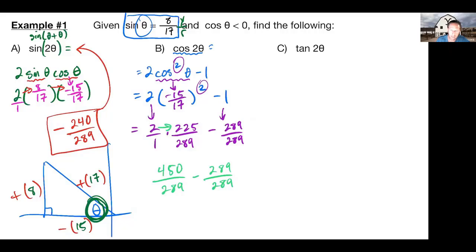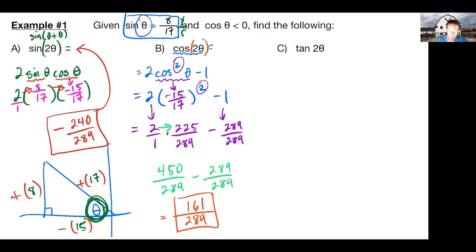And now when I subtract that 1, which is 289 over 289, I get 161 over 289. Okay, so again, pretty cool that we can actually find those values without even having to know what theta is, or in this case, 2 theta.